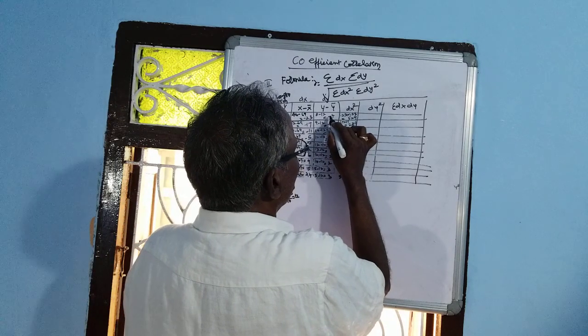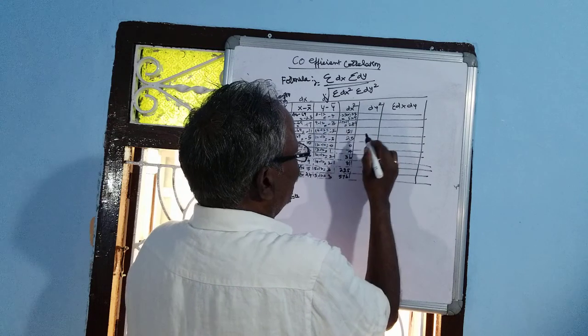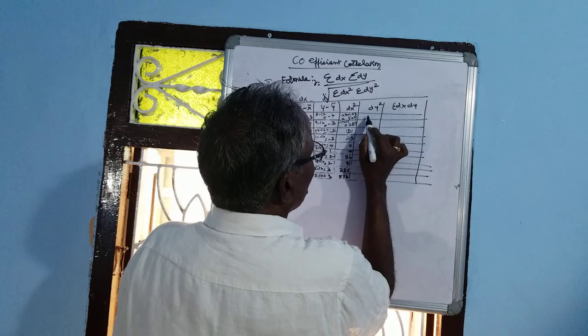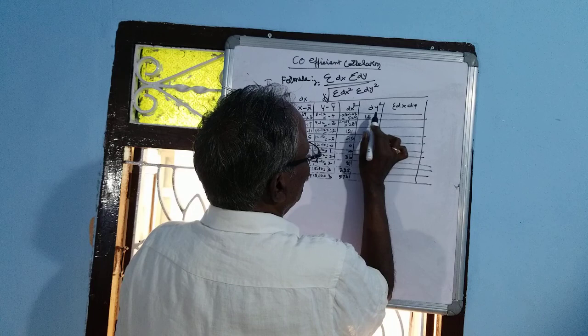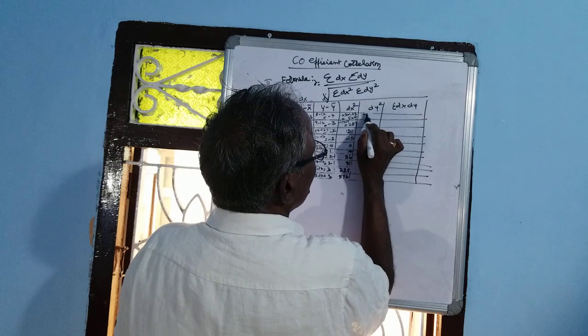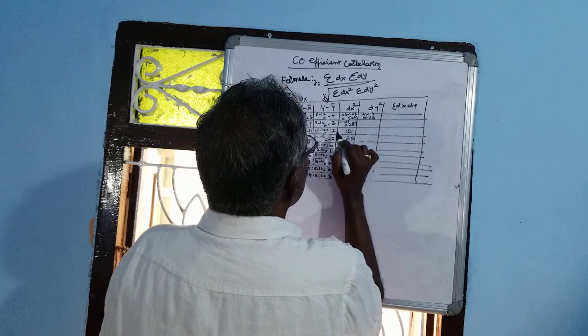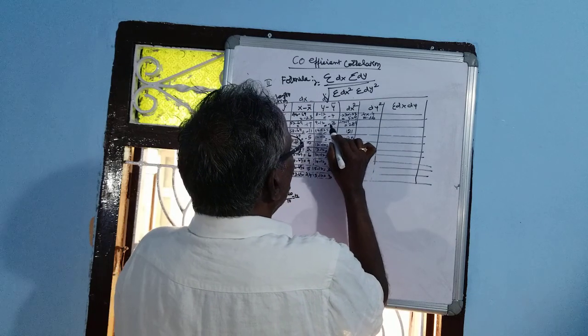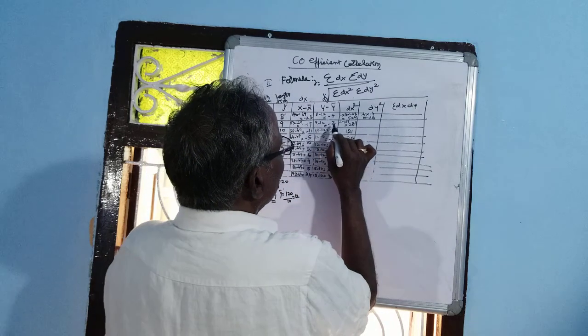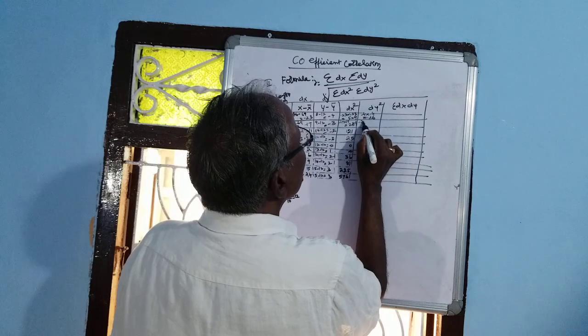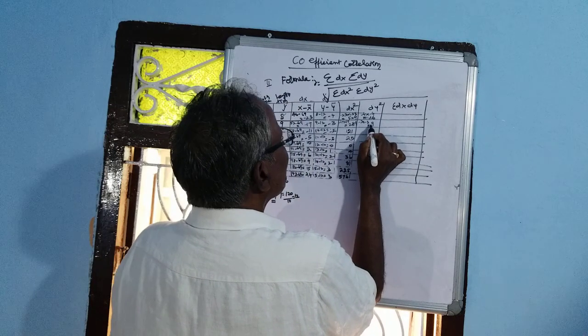This is y, dy is equal to minus 4, dy square is 16. Minus 4 into minus 4 is equal to 16. Like that, minus 3 into minus 3 is 9.